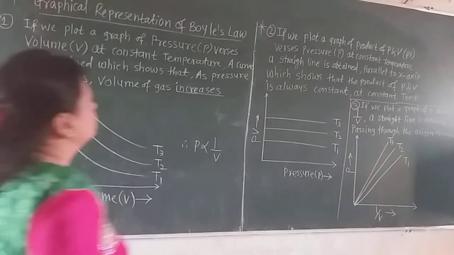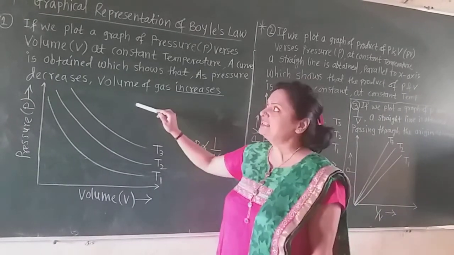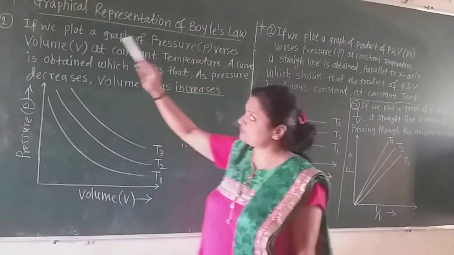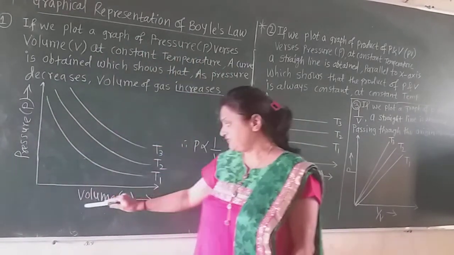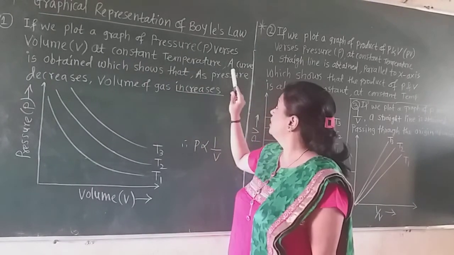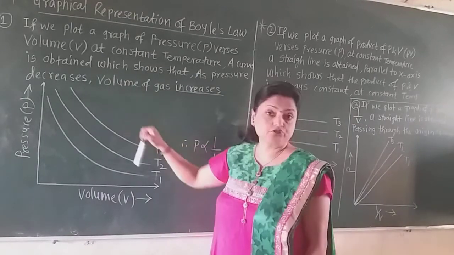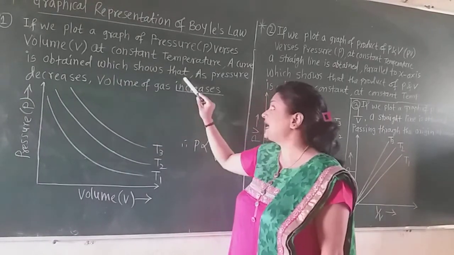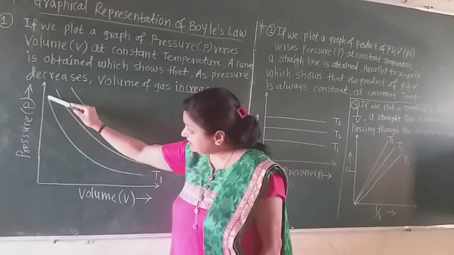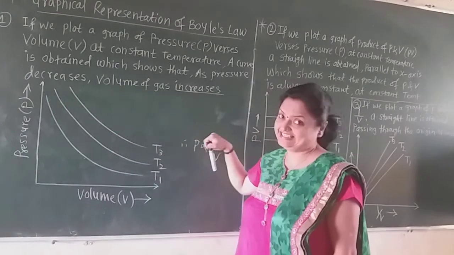Now see here, this is the first graphical representation. If we plot a graph of pressure versus volume at constant temperature, a curve is obtained, which shows that as pressure decreases, volume of the gas increases.